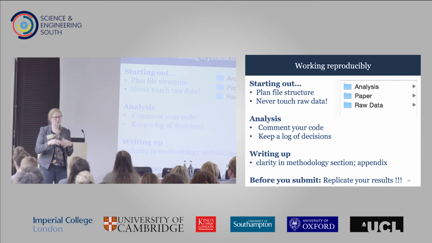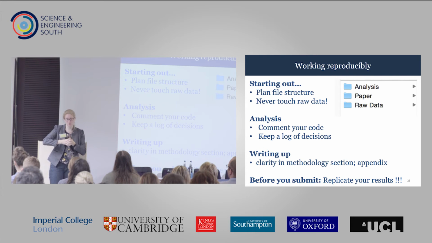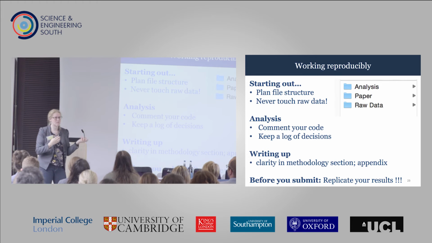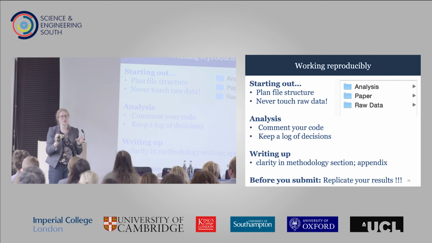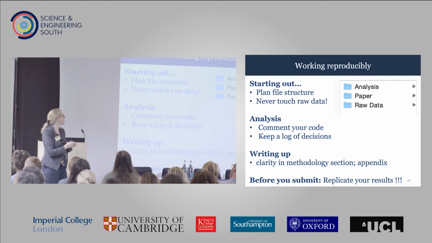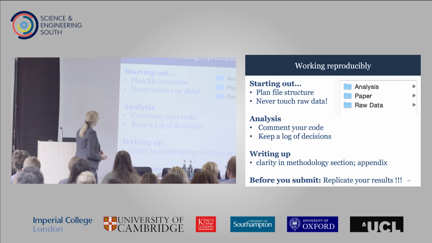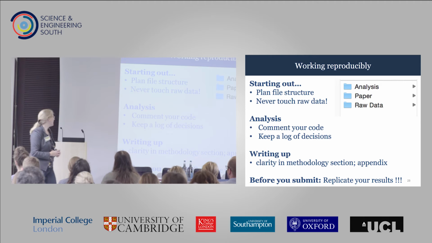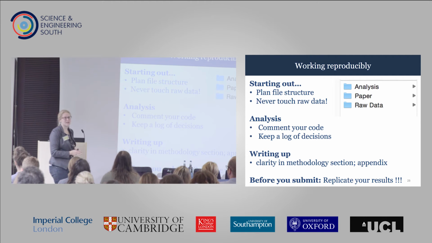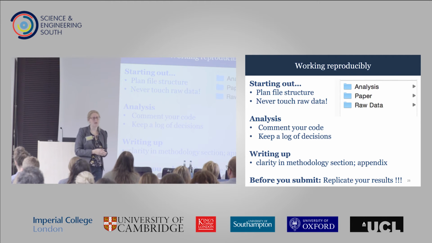It might be an Excel or CSV file. The only thing I do is pull them into my software, for example R, and if I have to change any variables, add something, change around the colors, I put it in the code. I never touch the original data. In the analysis, comment your code really well, and keep a record of decisions, like a lab book that many of you might know.